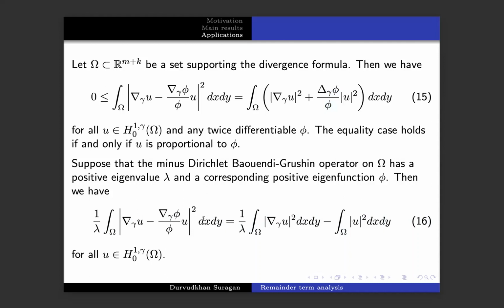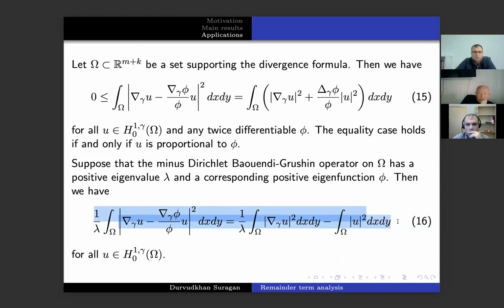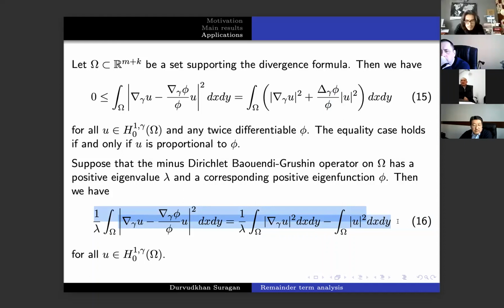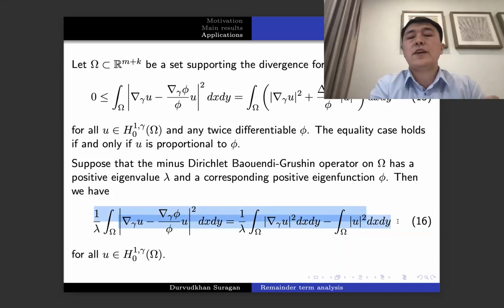So all the information we wanted is here. In the beginning, remember, we were interested in three main questions: the proof of the inequality, characterization of the sharp constant, and characterization of the extremizer. This simple equality gives us the answers to these three questions at once.